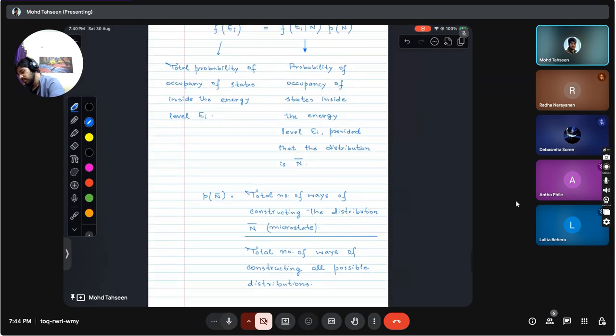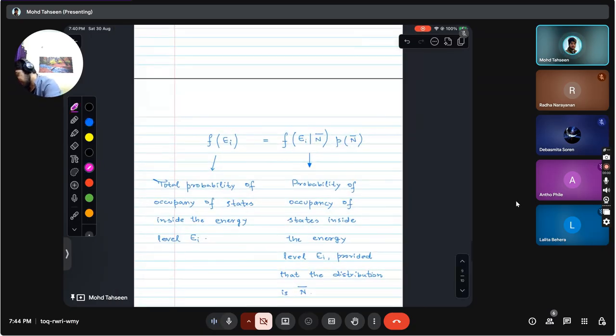Okay, so what we have essentially used here, if some of you may be familiar with this, is nothing but Bayes rule, on conditional probability.